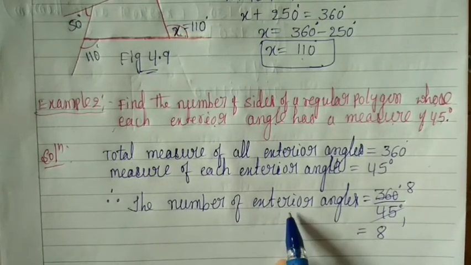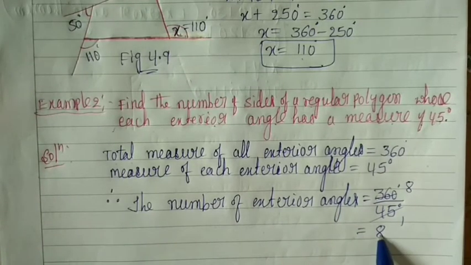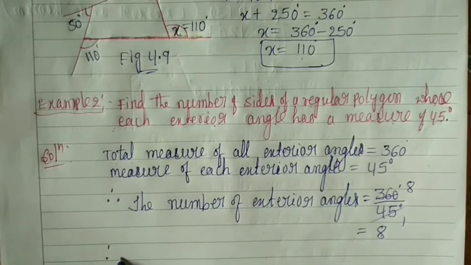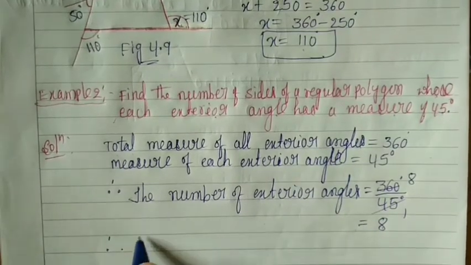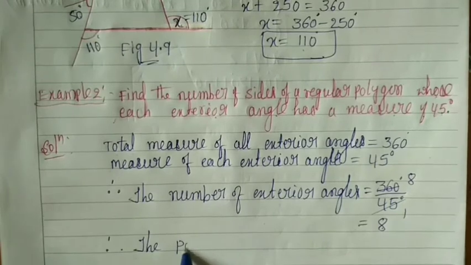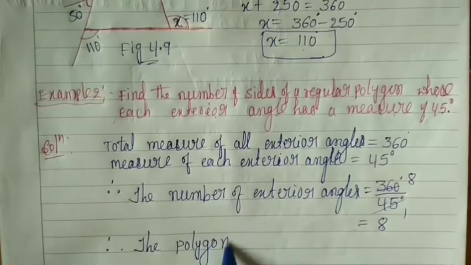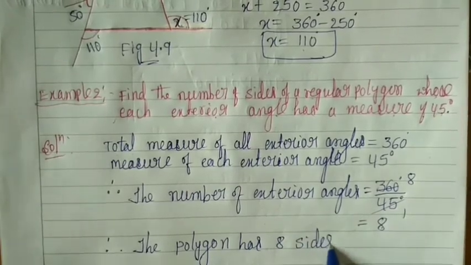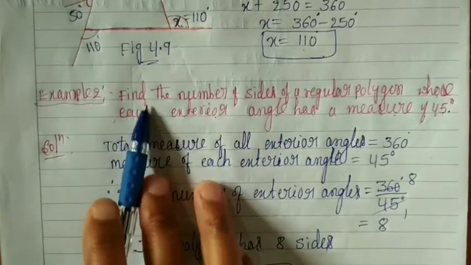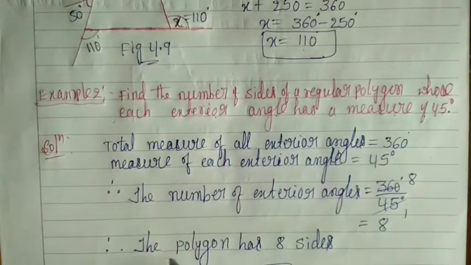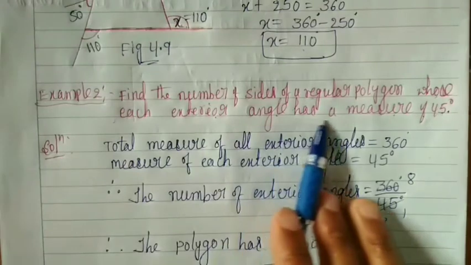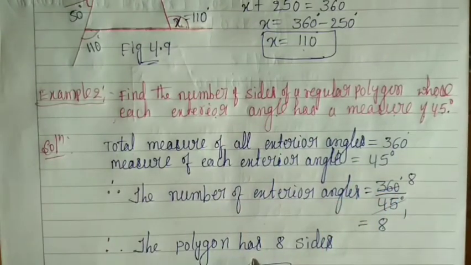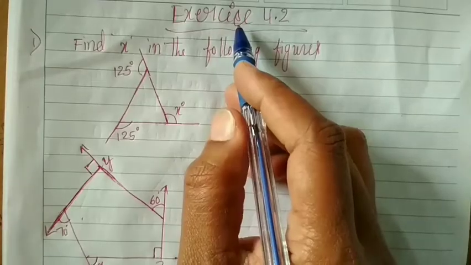The number of exterior angles is equal to 8. Therefore, the polygon has 8 sides. Once again, there are 8 sides of the regular polygon whose each exterior angle has a measure of 45 degrees. Therefore, the polygon has 8 sides.